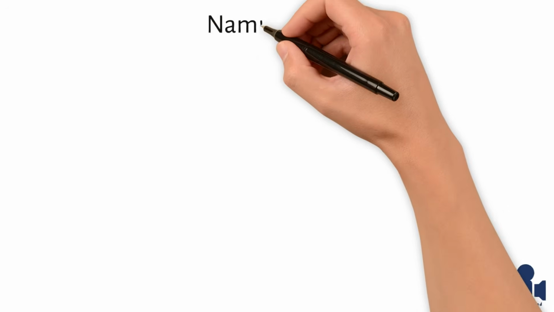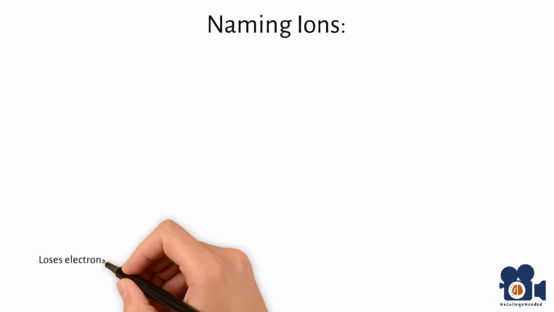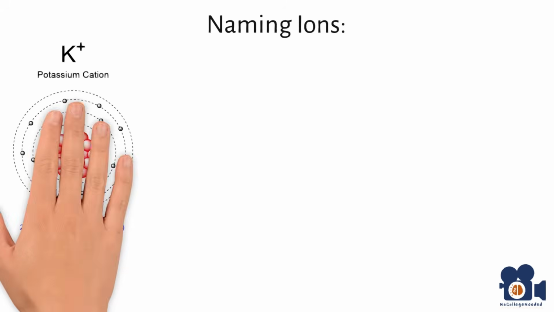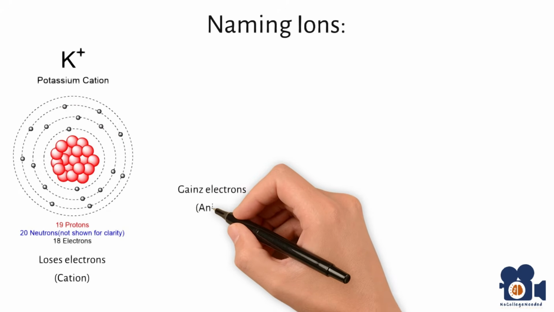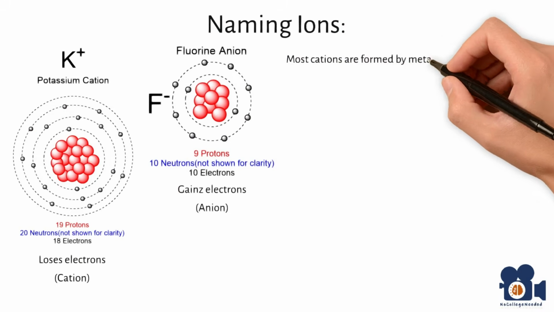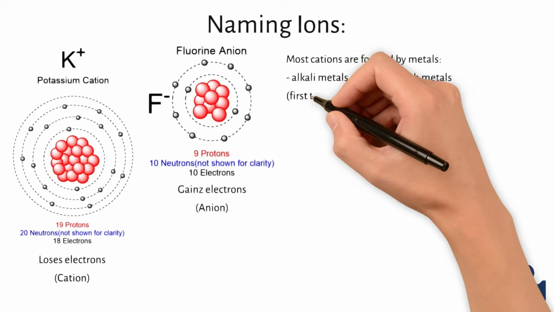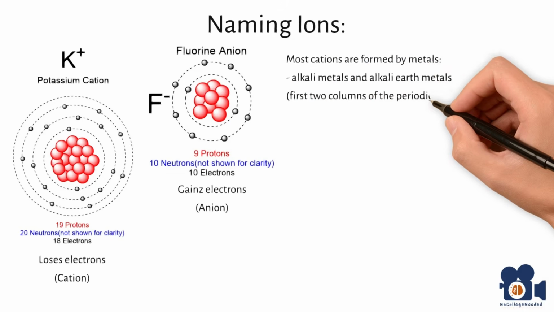In the previous unit, we learned about ions, which are formed when one element loses electrons to become a cation, and the other element gains electrons to become an anion. Most cations are formed by metals, particularly those in the alkali metals and the alkali earth metals located in the first two columns of the periodic table.